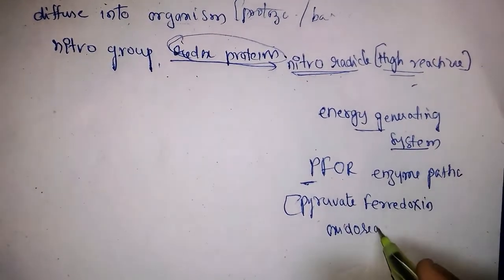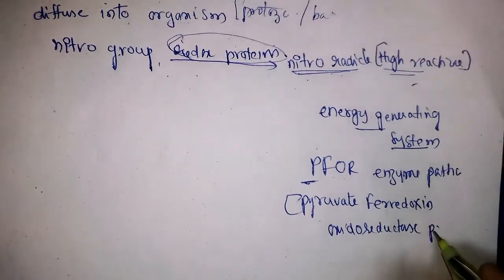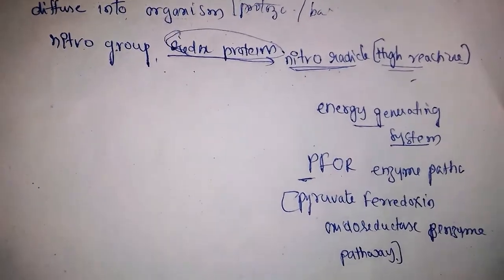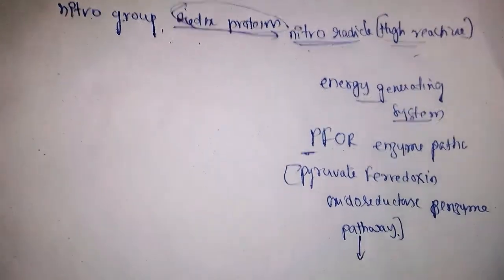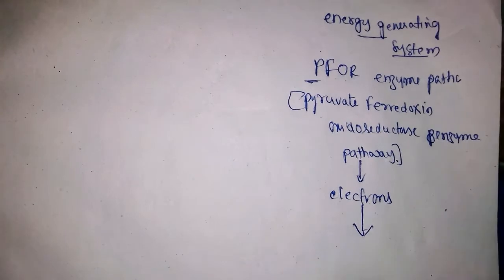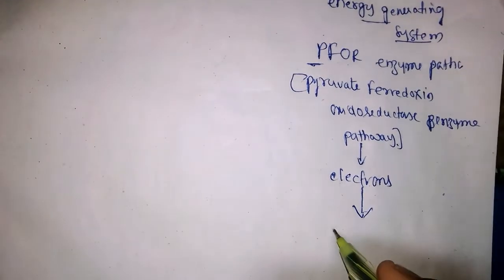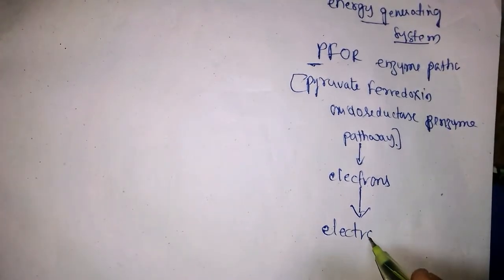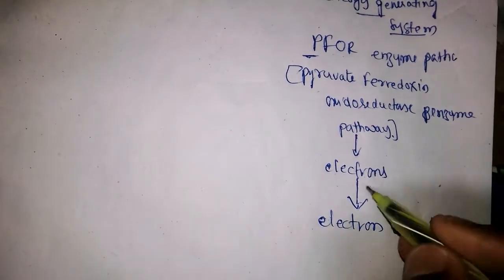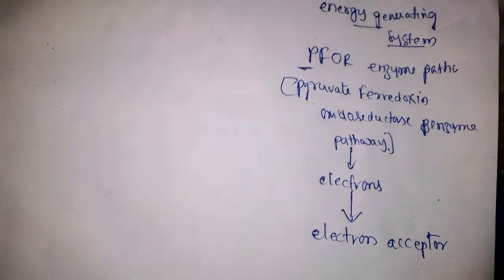In this pathway there is production of electrons. These electrons are accepted by some electron acceptors in the bacteria. This is the normal phenomenon that happens in protozoa.